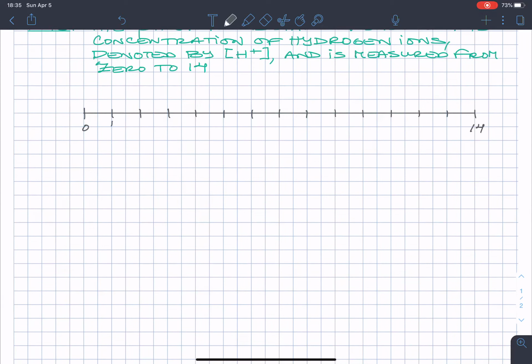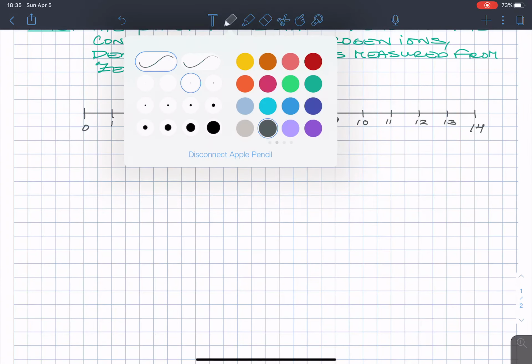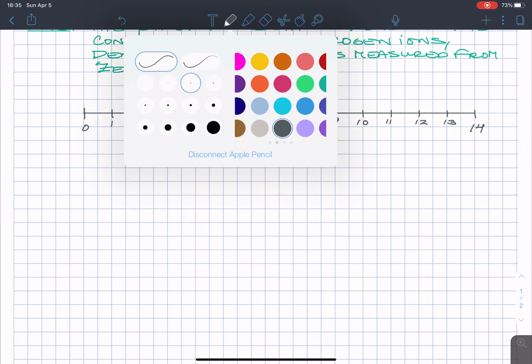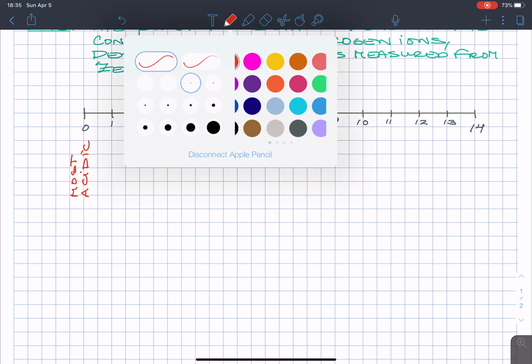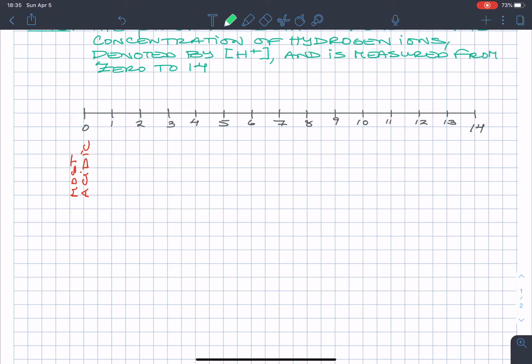So what we have, let me color code this correctly. On the left, 0 is the most acidic. In the middle at 7, we have neutral.